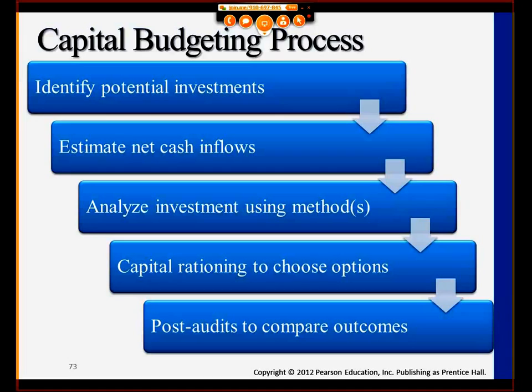We'll first estimate the net cash inflow, and then we will analyze the investment using one of the methods that I gave you. Okay? Usually it's more than one, at least 2. The next step would be capital rationing to choose options. And then what we're going to do last, we'll compare outcomes post-audits, after all audits are done.